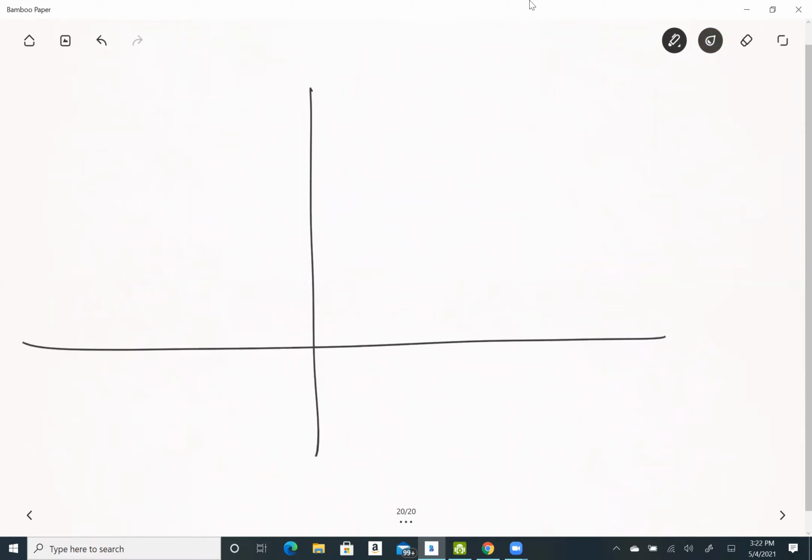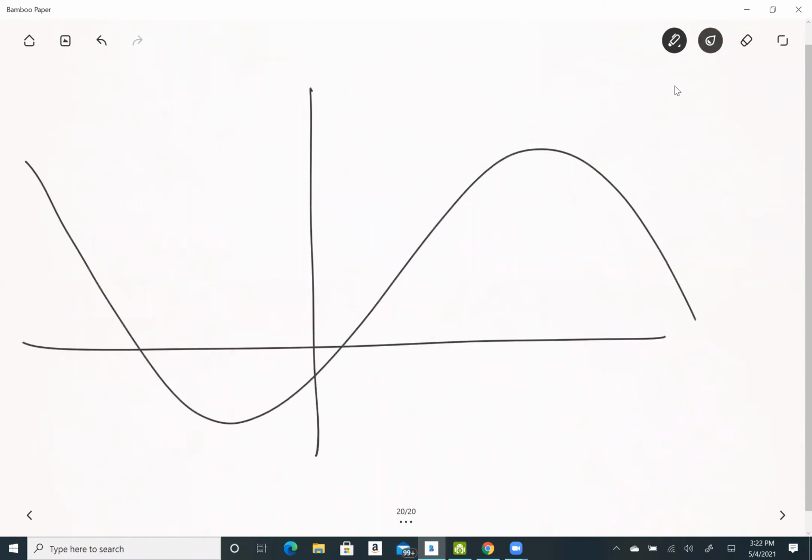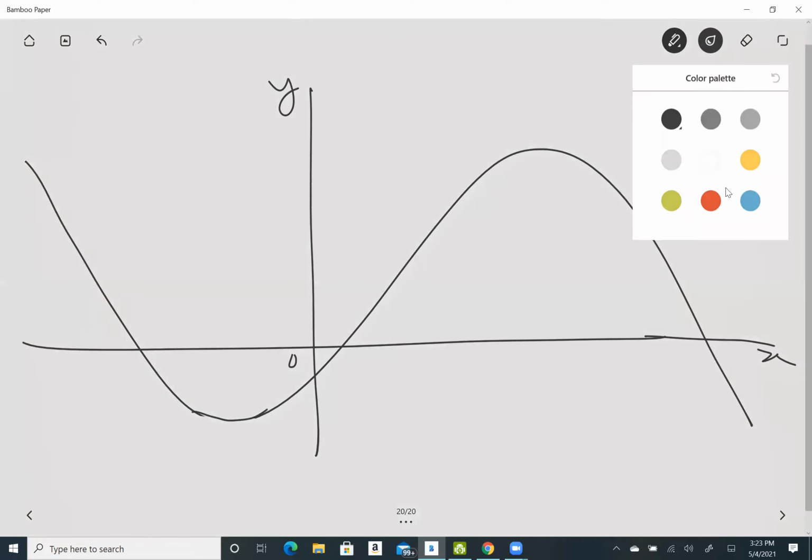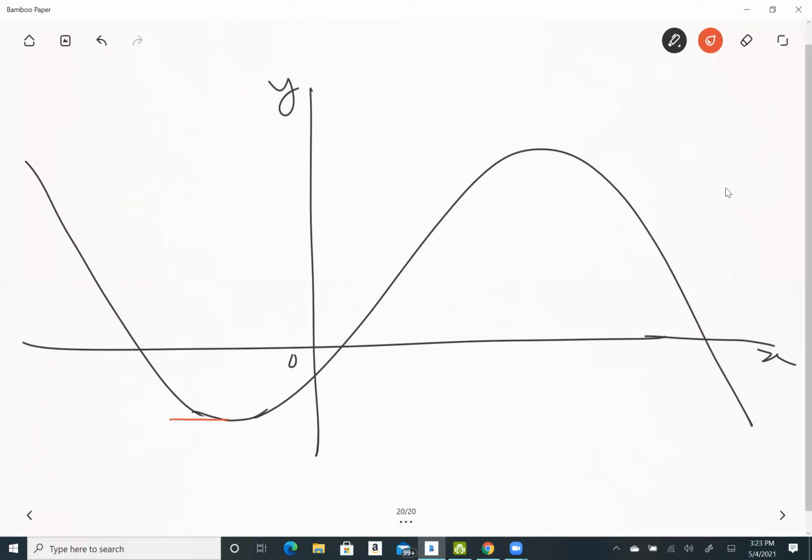So I draw another graph. Now, suppose I have the following curve. Let's draw another curve. Suppose I have something like this. So that is x, y, this is 0. And as you can see here, you have 1 point, 1 point, 1 point here, f prime equal to 0.